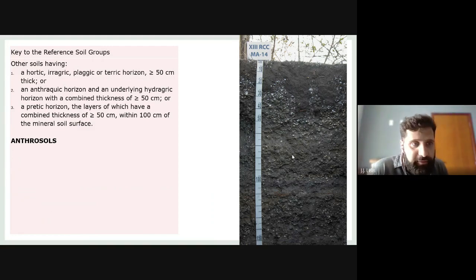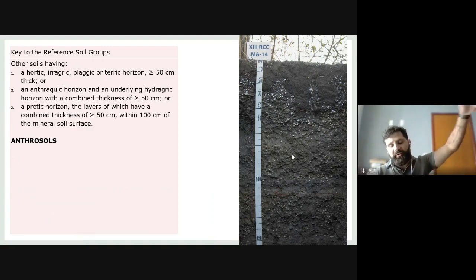So I need to identify a hortic horizon or a hydragric horizon or plaggic horizon or pretic horizon, and one of them should possess at least 50 centimeters of thickness. If they have less than this, it's not an anthrosol, it's another soil.